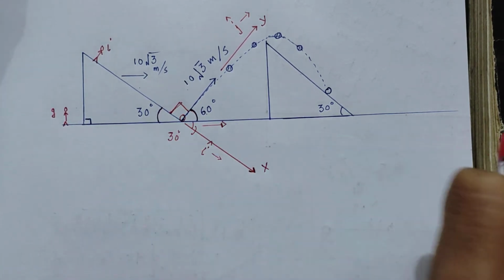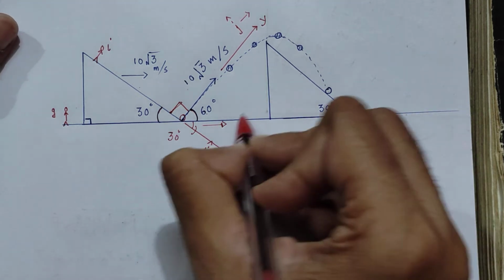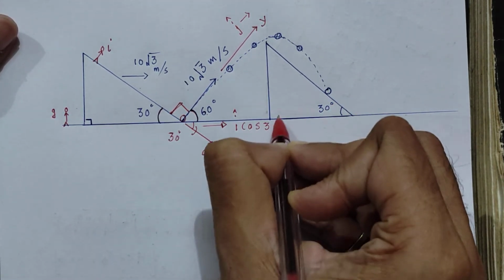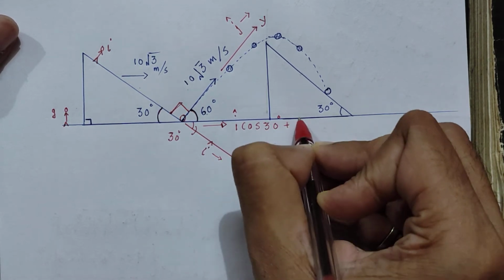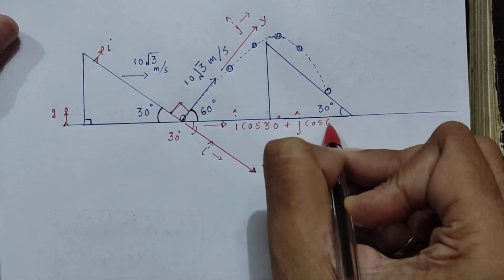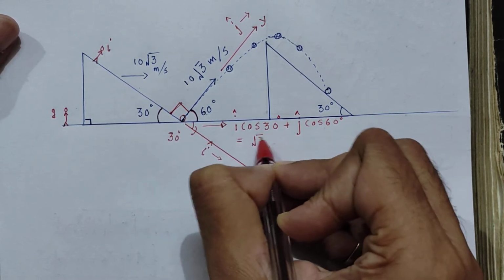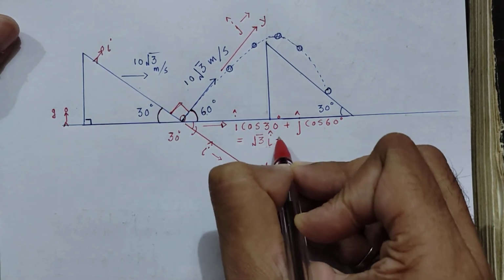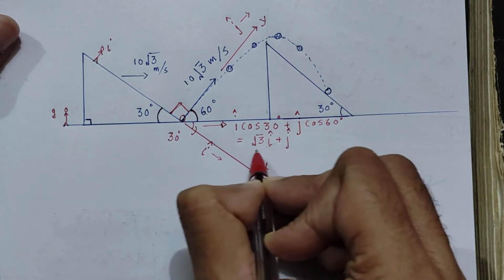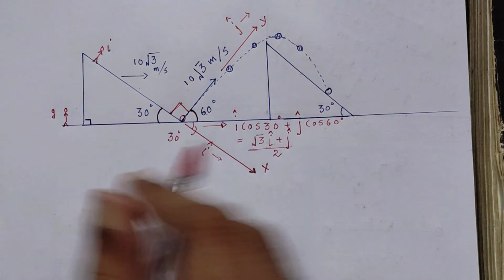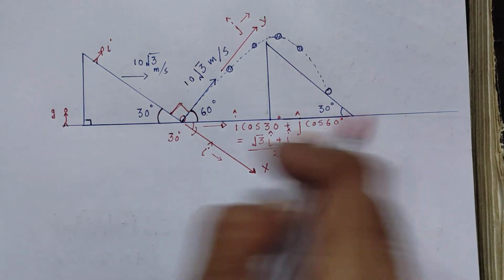So unit vector along this direction is I cap cos 30 degree plus j cap cos 60 degree. So basically root 3 I cap plus j cap divided by 2. This is the unit vector along this particular direction.